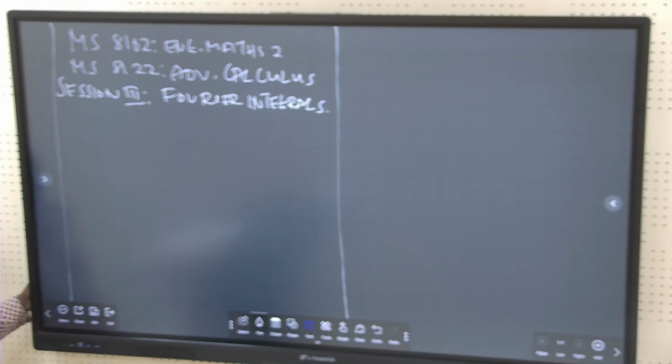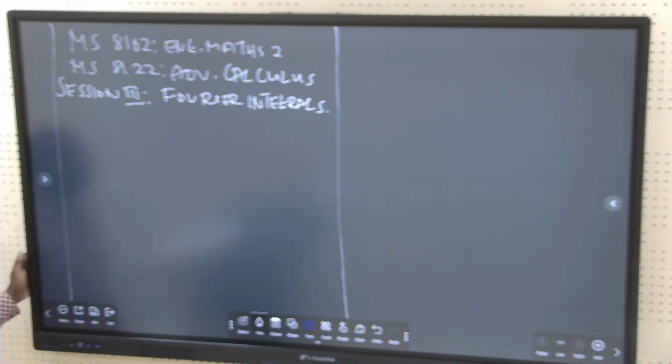Now, what is a Fourier integral? This is a way used to represent a function f of x which is now continuous. In session 2, we saw that we can represent a Fourier series of a function f of x within the region of symmetry.